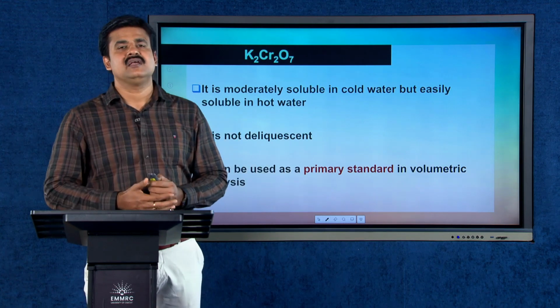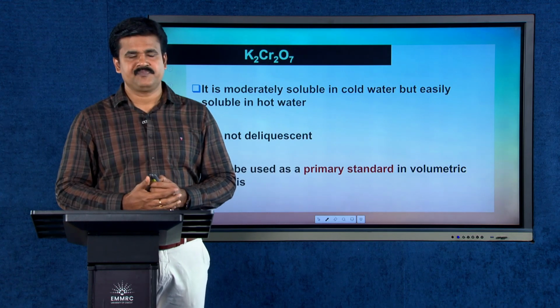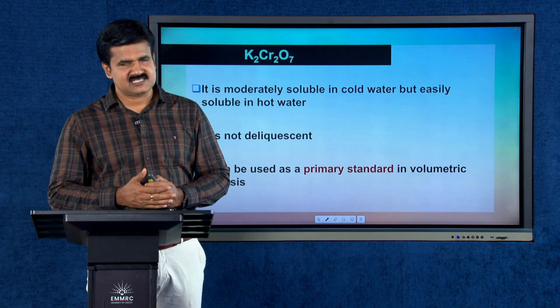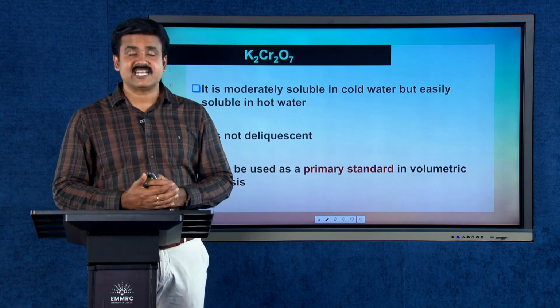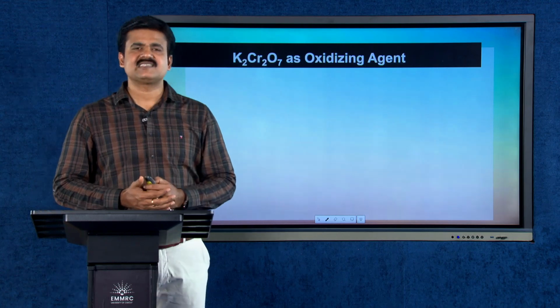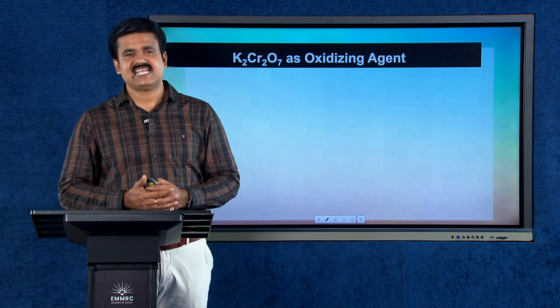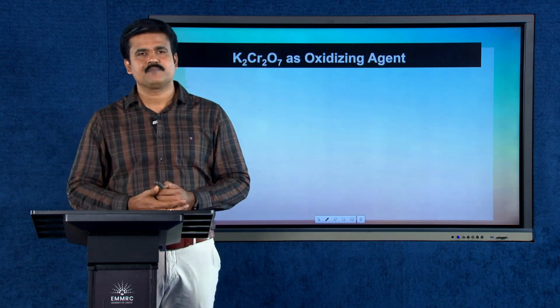But remember, KMnO4, that is potassium permanganate, that we learned in the last module, cannot be considered as a primary standard. At the same time, another oxidizing agent, potassium dichromate, is a primary standard. Potassium dichromate as an oxidizing agent is the part of the discussion we are proceeding now.